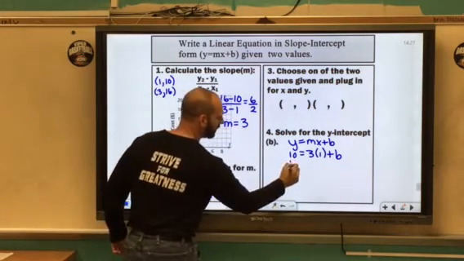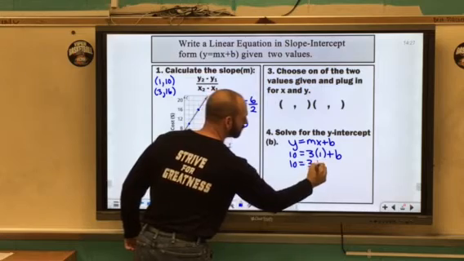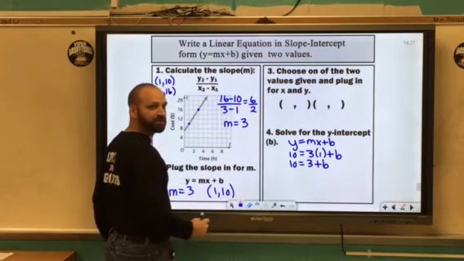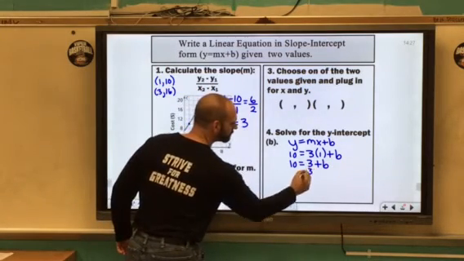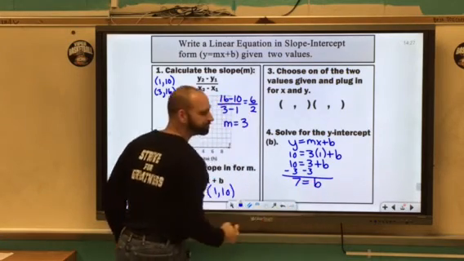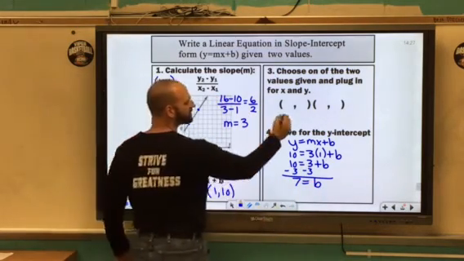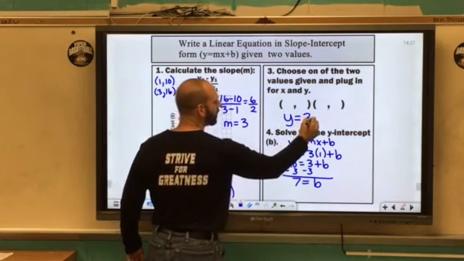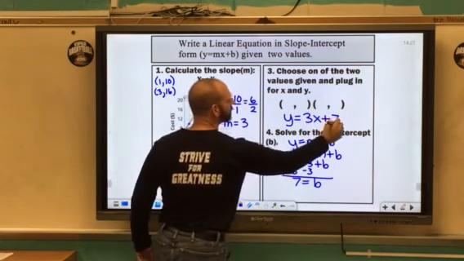And then solve for b. Subtract 3 from both sides. We get 7 equals b. Our equation in slope-intercept form, y equals 3x plus 7.